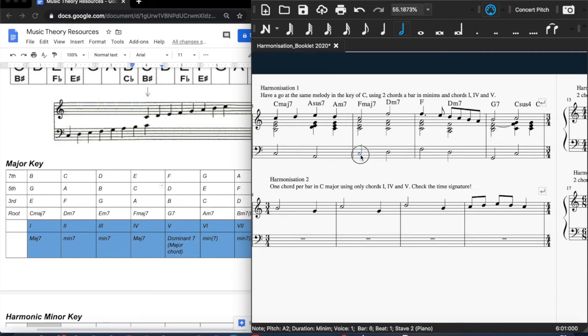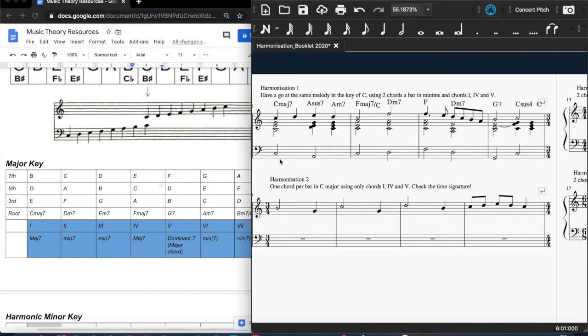Or we could go to a C there and do it in second inversion. So what I'd write is F major 7 slash C at that point. If I play it now.